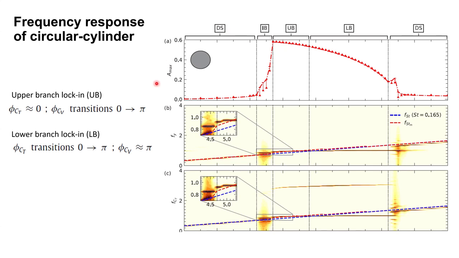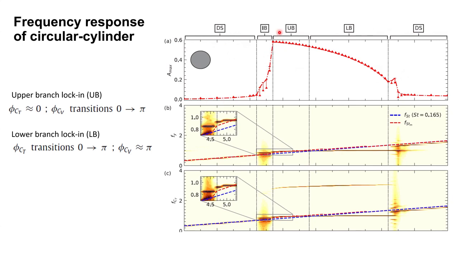So in the first panel, I'm plotting the amplitude of the cylinder as a function of the reduced velocity. And what you see here are some acronyms, and these acronyms are the different types of branches we have in this response. So this is desynchronization, this is the initial branch, this is the upper branch, this is the lower branch, and this is again desynchronization.